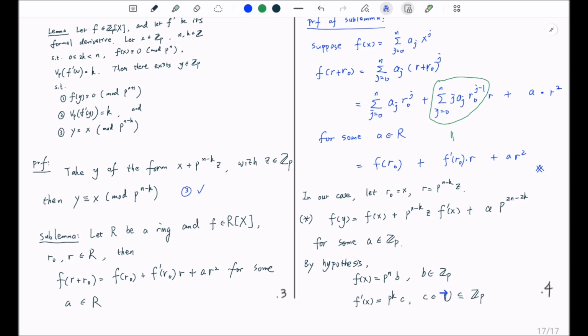I'm going to put an extra bar here to make this U more special. So this U with a vertical line is our previous U. I'm just trying to make this U less generic. So this means c is invertible. And that is a precise definition for the p-adic valuation of f prime of x.